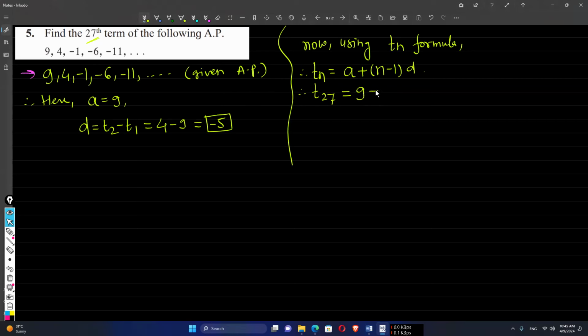So A is 9 plus 27 minus 1 into the value of D, which is minus 5. Okay. Now let's further modify it.